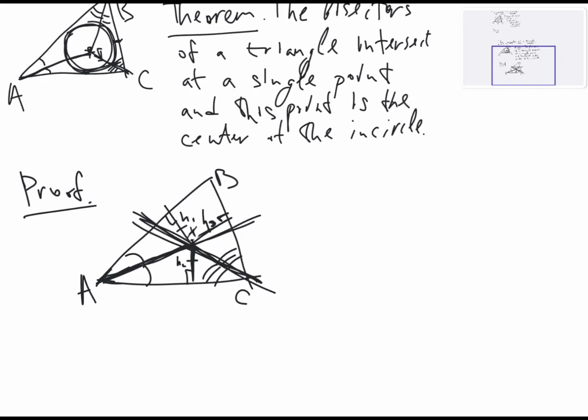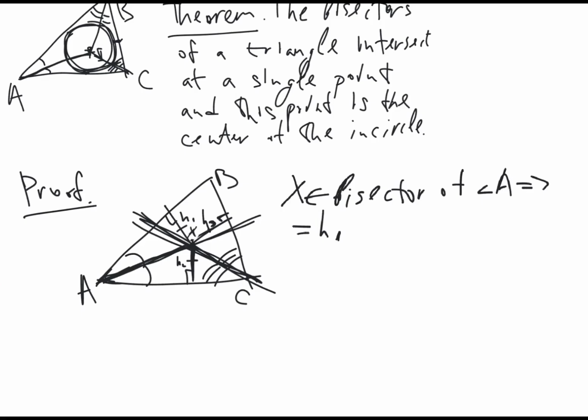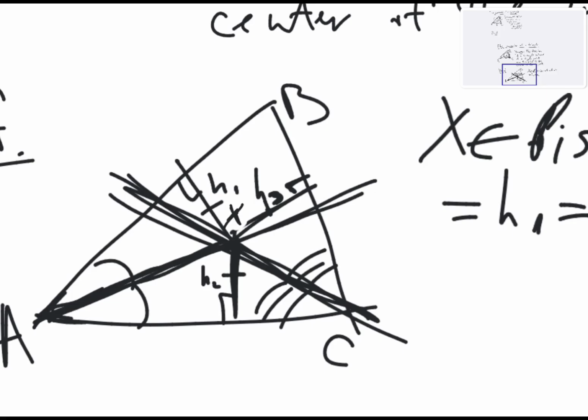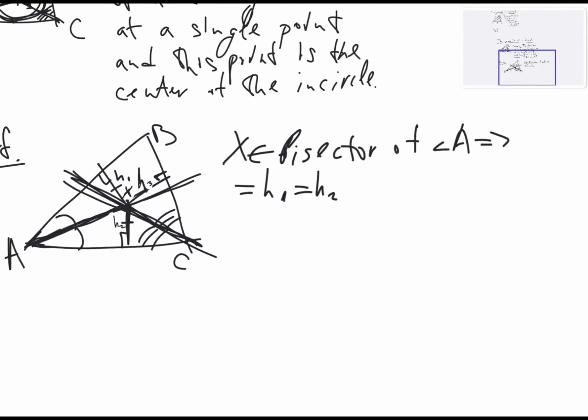Because X belongs to the bisector of the angle A, it follows that H1 is equal to H2. So this is H2 and this is H3.